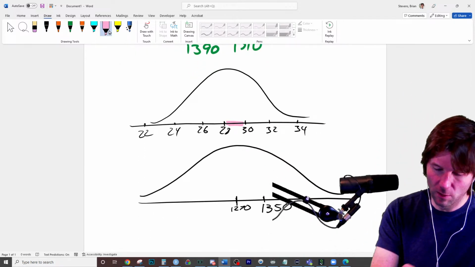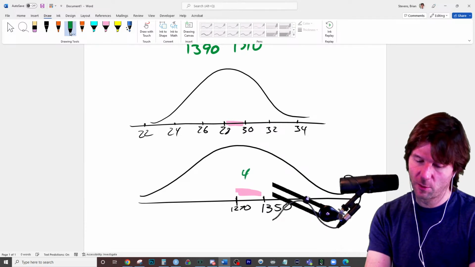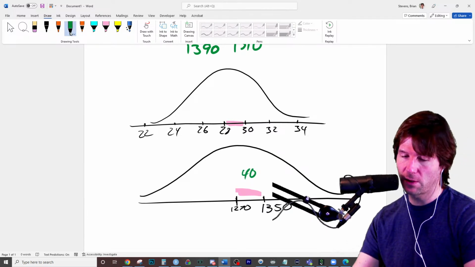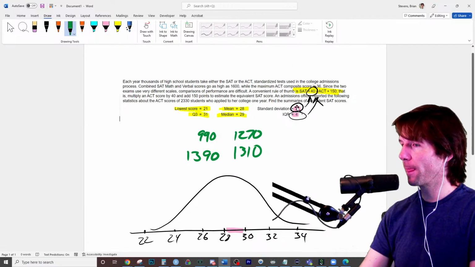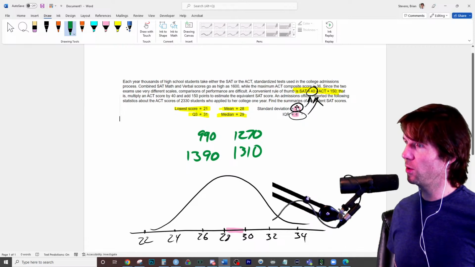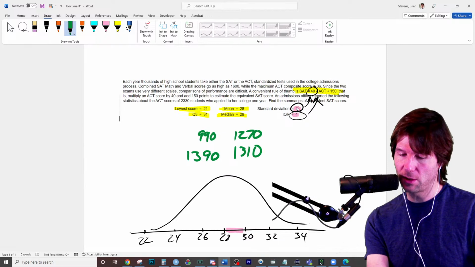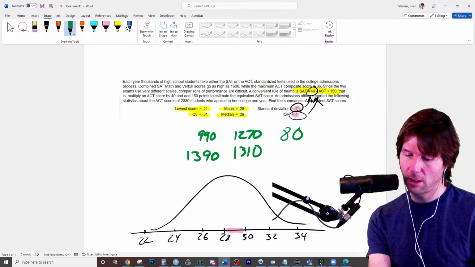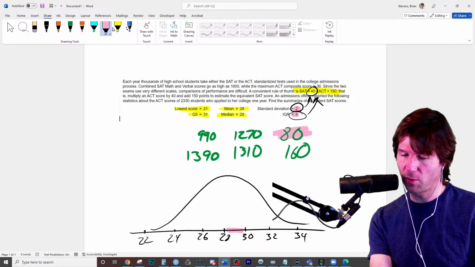So here is the new distance right here. That's going to be times 40. And then the IQR is also going to be the distance because these are measures of spread right here. So the new standard deviation is 80 and the IQR is 160 because we times those by 40.